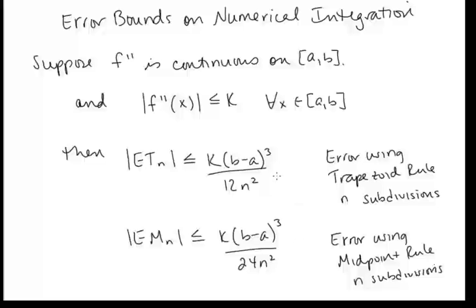So notice that generally speaking, the midpoint rule is going to have half the error bound that we have for the trapezoid rule, right? Because we've got a dividing by 12 here, dividing by 24 here. So that says that generally the midpoint rule is going to be better.